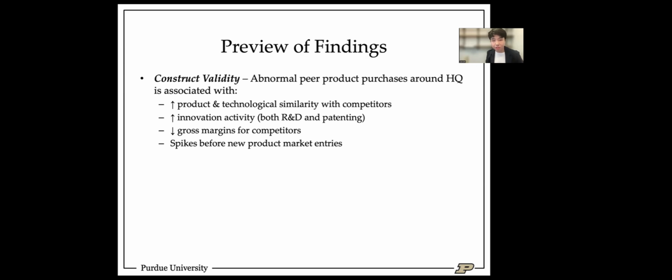We're also going to show you that these peer product purchases are correlated with lower gross margins for the competitors that are targeted by this type of activity. And lastly, we're going to show you that these abnormal product purchases spike just before these companies introduce new products.